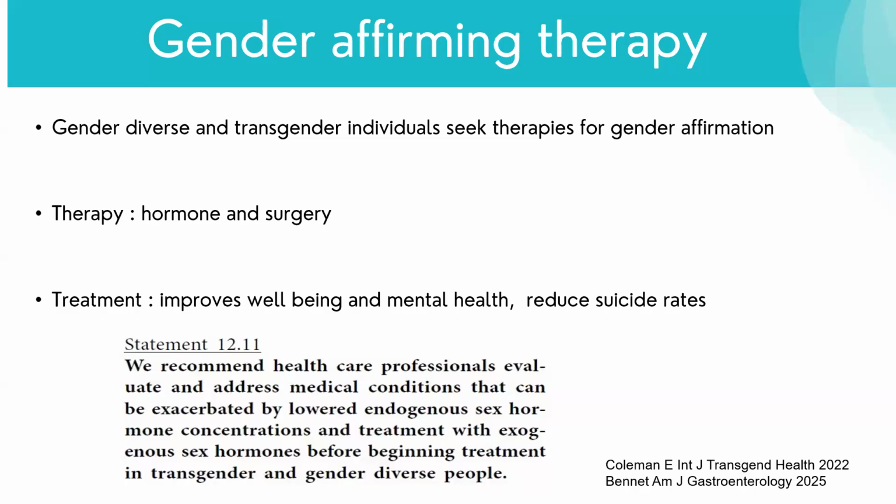For example, patients who are being put on testosterone therapy, female to male, need to make sure that they don't have hypertension or sleep apnea, because these are some of the things that can be exacerbated by testosterone therapy. As opposed to patients who are being converted male to female, where one of the risks of estrogen therapy is thrombosis, like DVT or any other sort of thrombosis. So that's part of the evaluation that needs to be done.